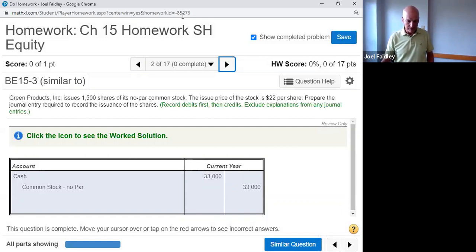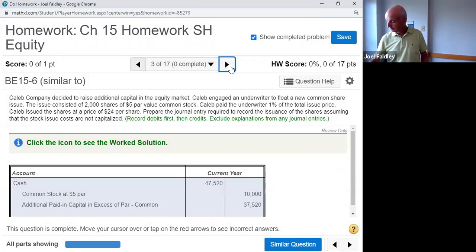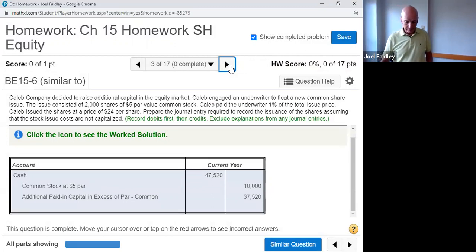All right. Number 2 says we have issued 1,500 shares of stock, $22 a share. That's pretty simple. That's a 2010 question for 2020. 33,000. All right. Number 3. Here we have 2,000 shares, $5 par value. So there's my $10,000.